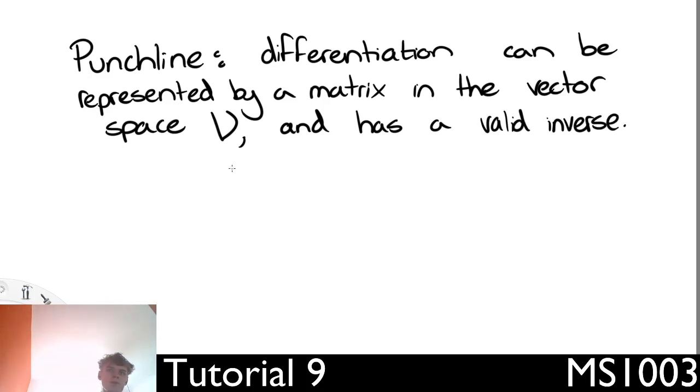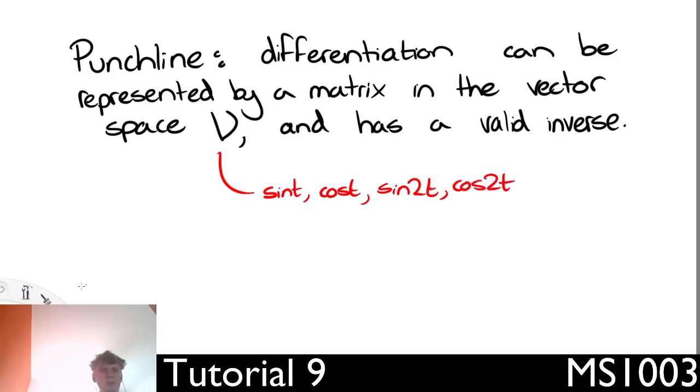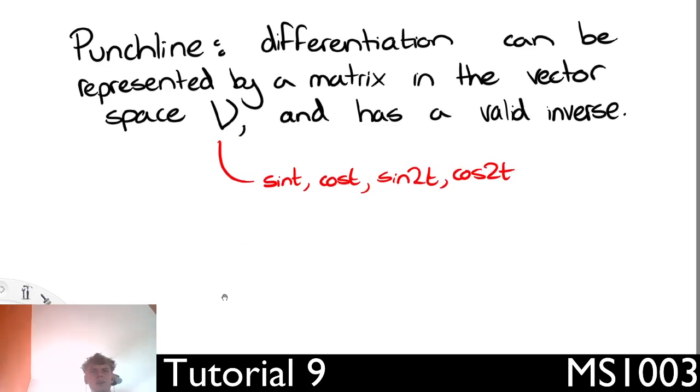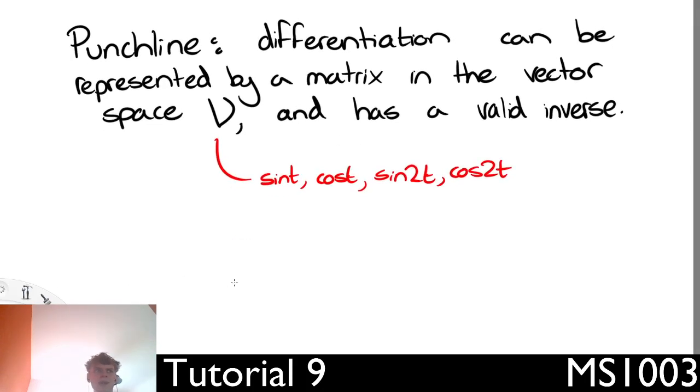But remember, V is just made out of sine t, cos t, sine 2t, and cos 2t. So it's a really small vector space. It's 4-dimensional. It's certainly not every function that we can think of. It's a very small subset of functions.